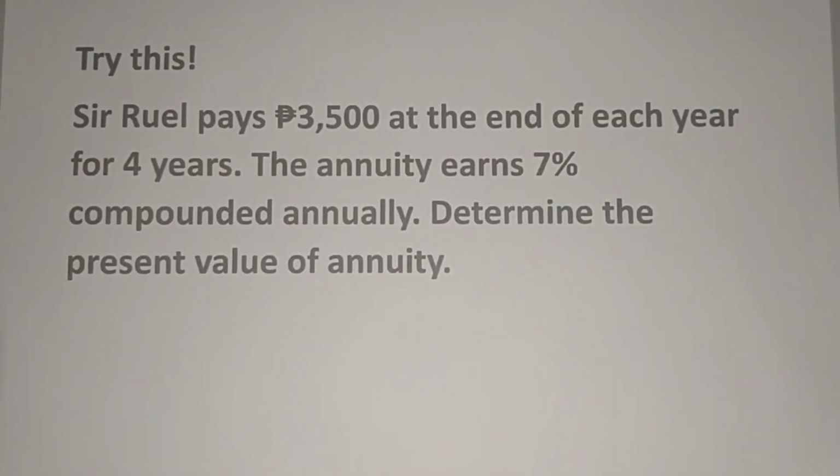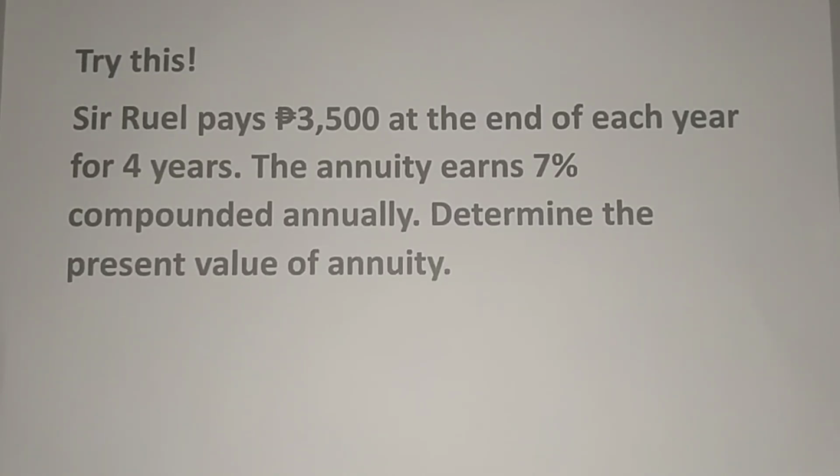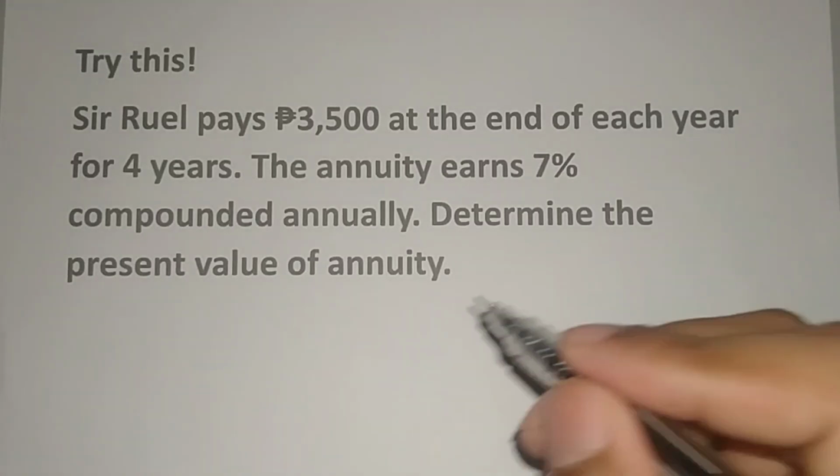Now it's your turn. So try this. Sir Ruel pays 3,500 pesos at the end of each year for 4 years. The annuity earns 7% compounded annually. Determine the present value of the annuity. Okay, so actually you can answer this easily now. Just follow the steps after substitution.